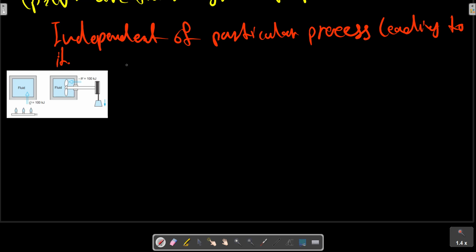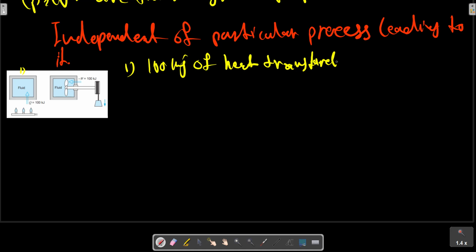In the first system, 100 kJ of heat is transferred to it, and in the second one, 100 kJ of work is done on it.